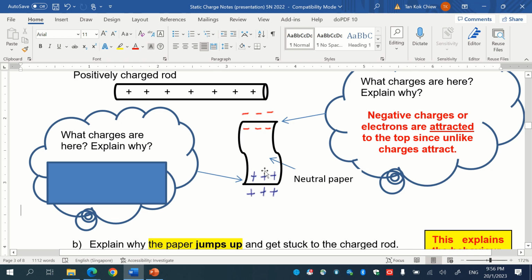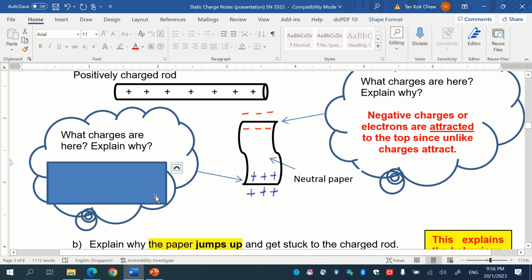Okay, but why are there positive charges at the bottom? Now you cannot say because the positive charge of the rod repels the positive charge in the paper and pushes it downward. You cannot say that because positive charges cannot move. The way to say is the positive charges are at the bottom because the electron has been attracted to the top. So that leaves the positive charges behind at the bottom.